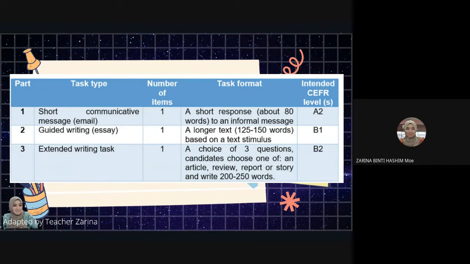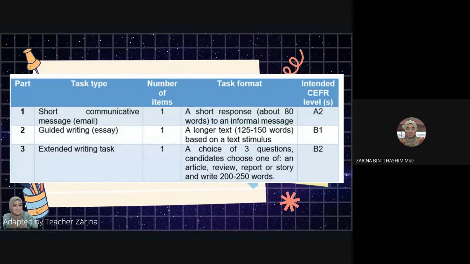Although you can choose one question out of three, I would suggest that you focus on two formats, either article and review, or review and report. It is up to you. Choose the question that you have more ideas on, so that you can get more marks.